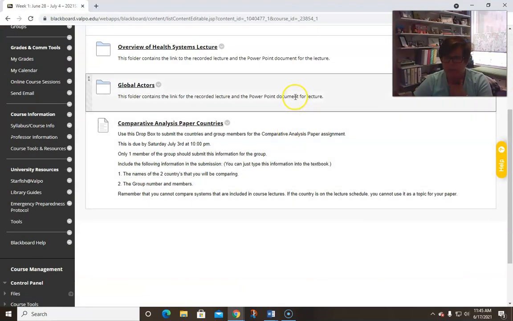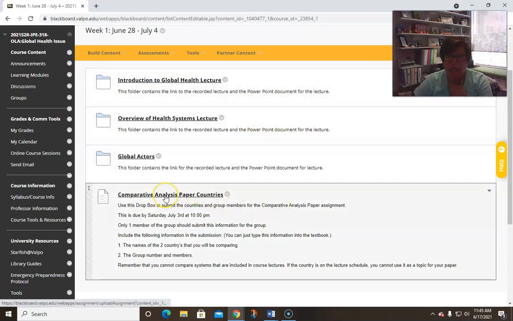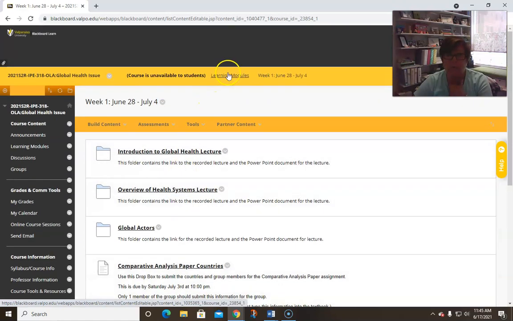Each week, if there is something due, it will also be included in that week's folder. So for week 1, you have to submit the countries that you are going to compare in the analysis paper that is due in week 4. The Dropbox for that is here.